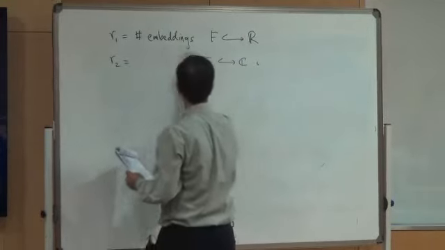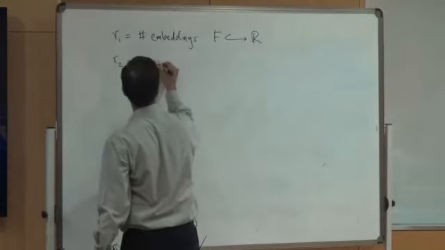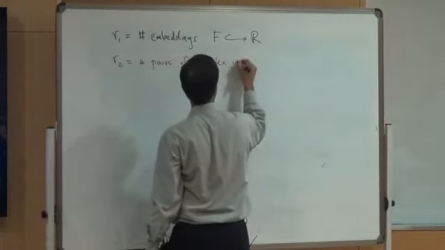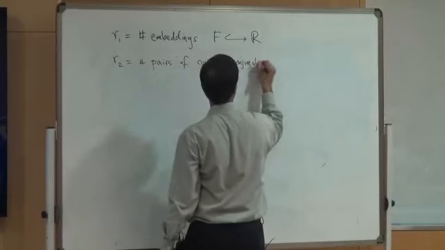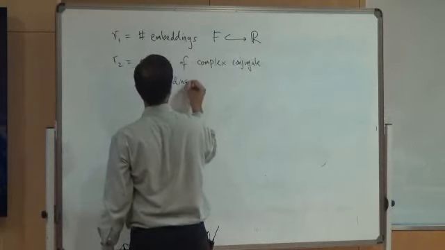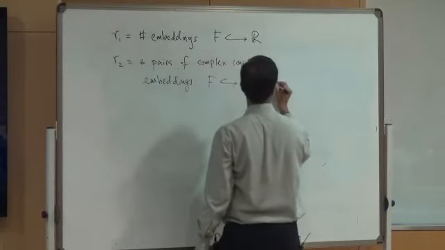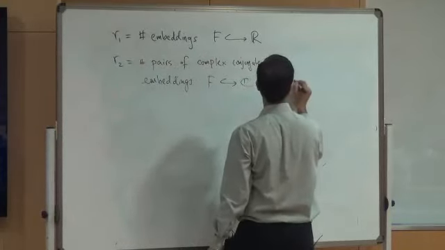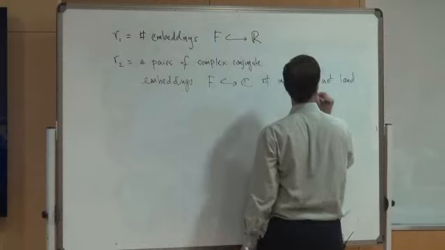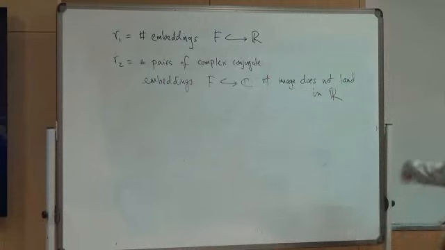I want to write it as the number of pairs of complex conjugate embeddings of F into C such that the image does not land in R. Given such an embedding, if I post-compose with complex conjugation on C, I get another embedding.